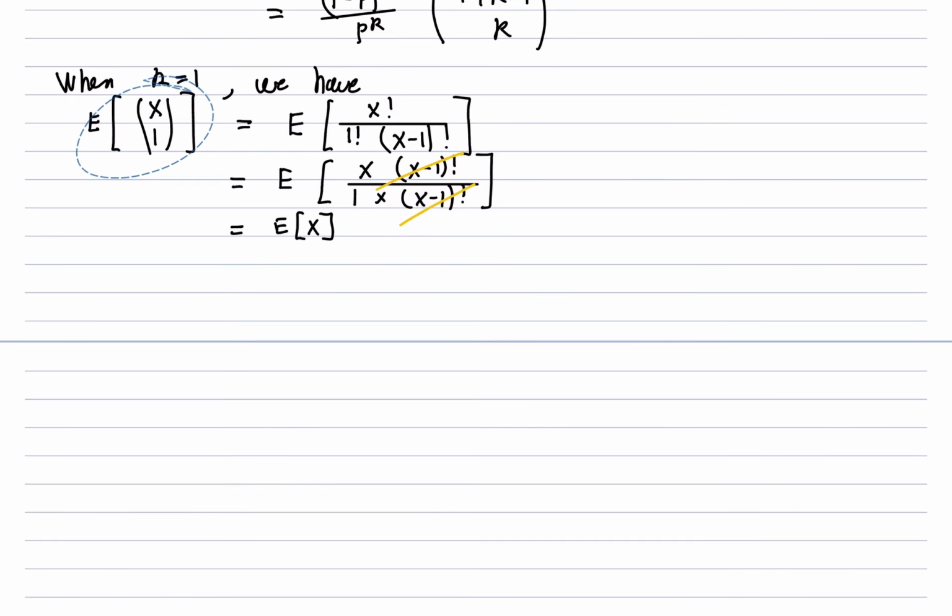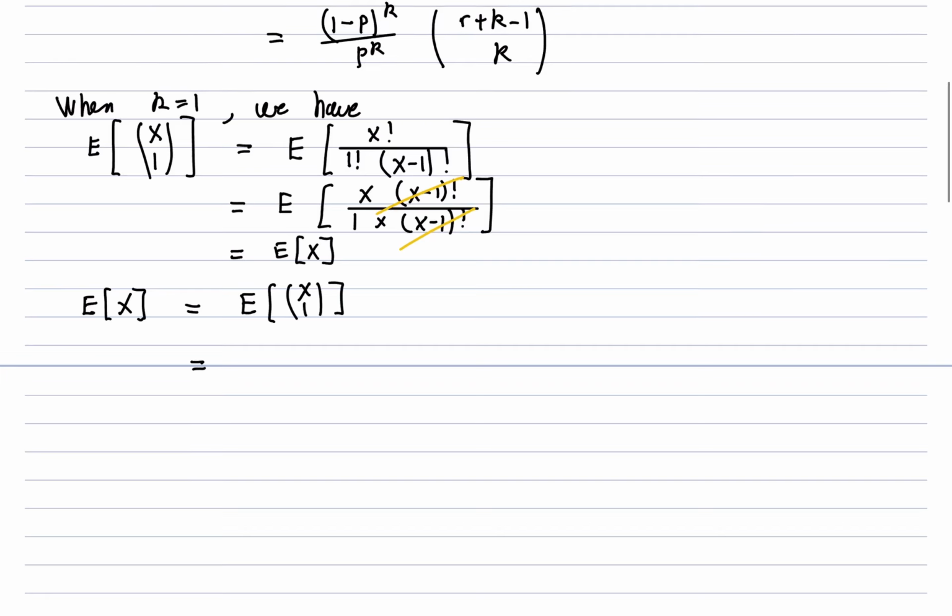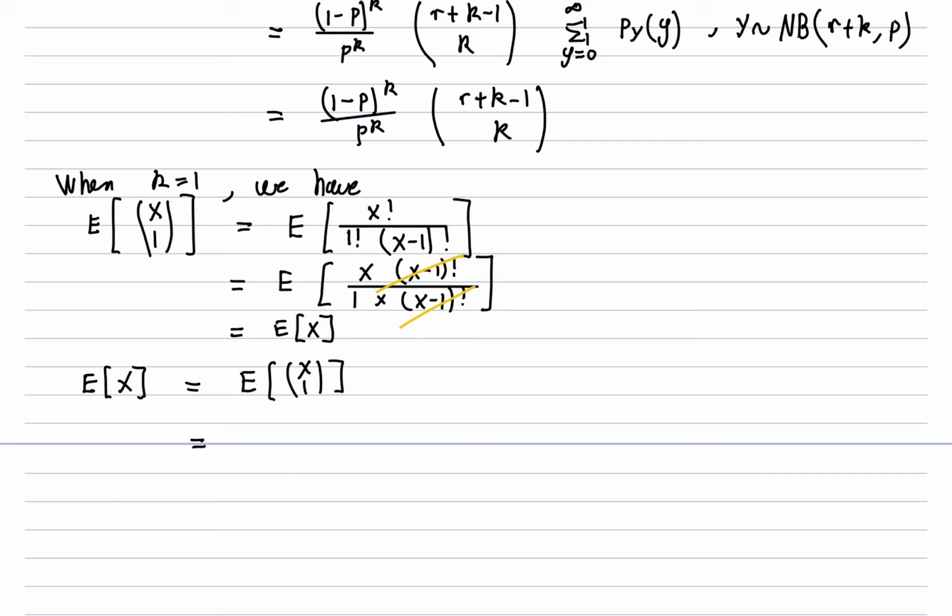This therefore allows us to do the opposite direction and say that the expected value of x is equal to the expected value of x choose 1, which is therefore equal to, if we have a look at our expression, now we can substitute in a value of k equals 1 into this expression here.